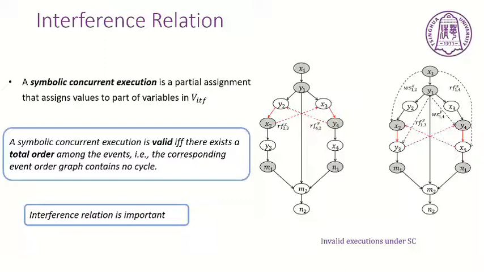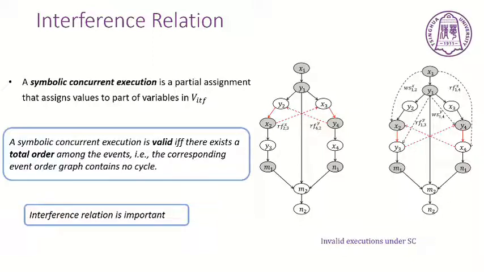In SMT solving, the traditional approach is basically a depth-first search procedure. It may assign a value to an unassigned variable to some extent randomly. So SMT solving is unaware that the interference relation is important. However, prioritizing the interference relation in SMT solving can help the SMT solver quickly decide whether the current assignment leads to an invalid execution or not.